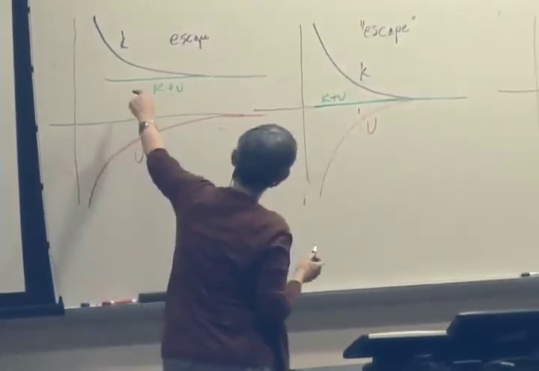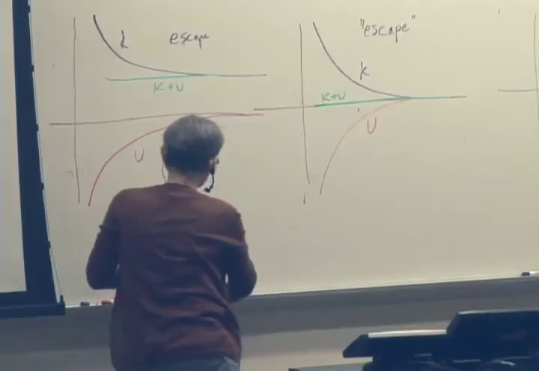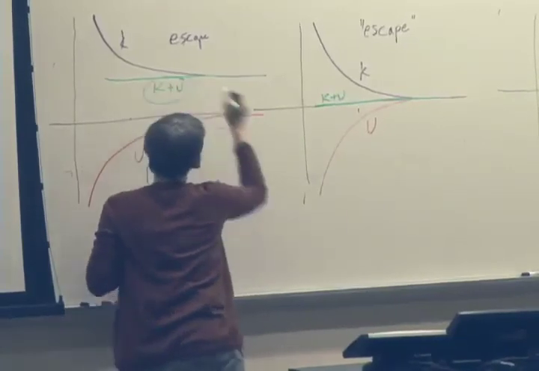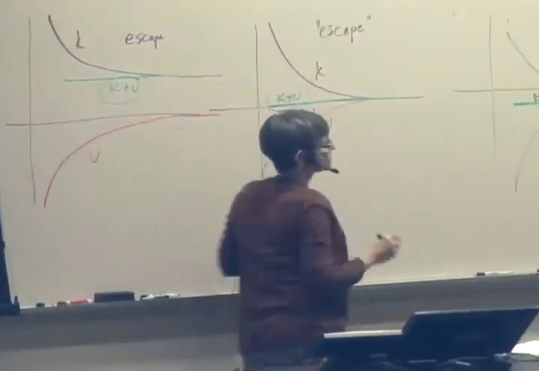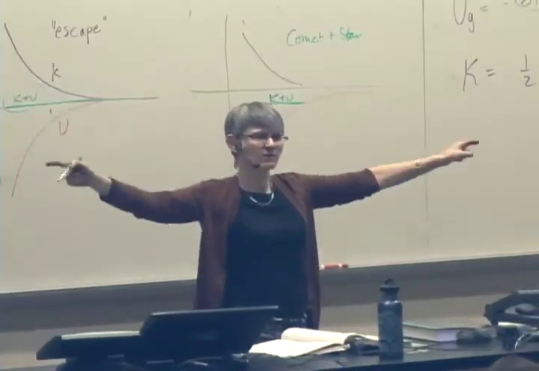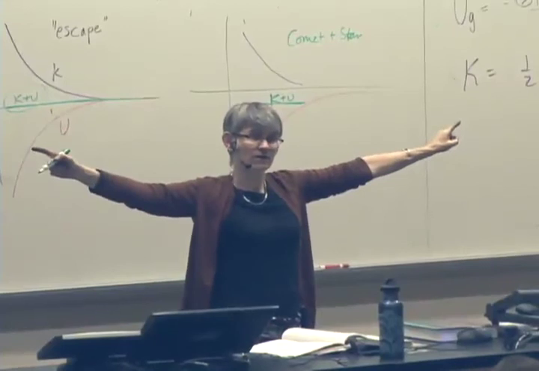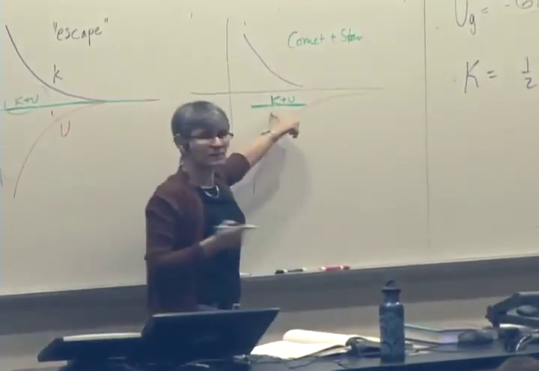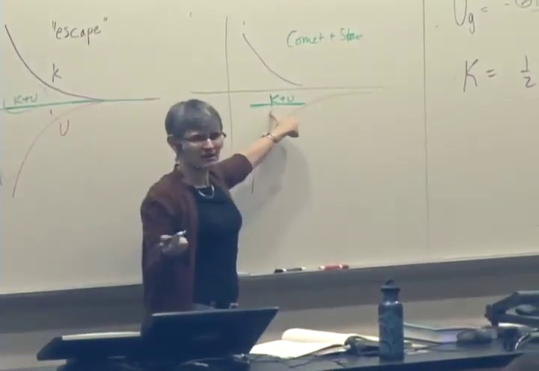So it looks like in a situation where the sum of K plus U is greater than or equal to 0, the moving object can get all the way away, it can escape. Whereas when K plus U is less than 0, it can't.